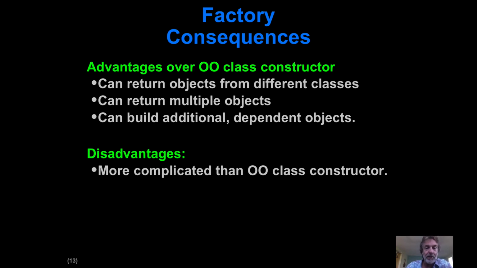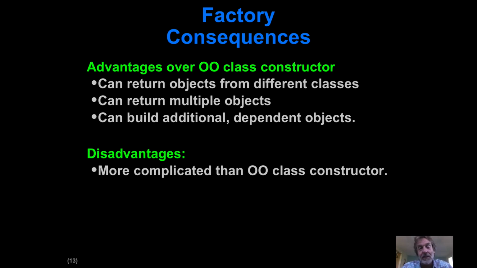And very importantly, it can also create additional objects. You might return one object, but in the background you've had to create 14 other dependent objects in order to retain the consistency and integrity of the application as a whole. A factory class, factory object, or factory method can do that and hide all of that dependent object creation from you.